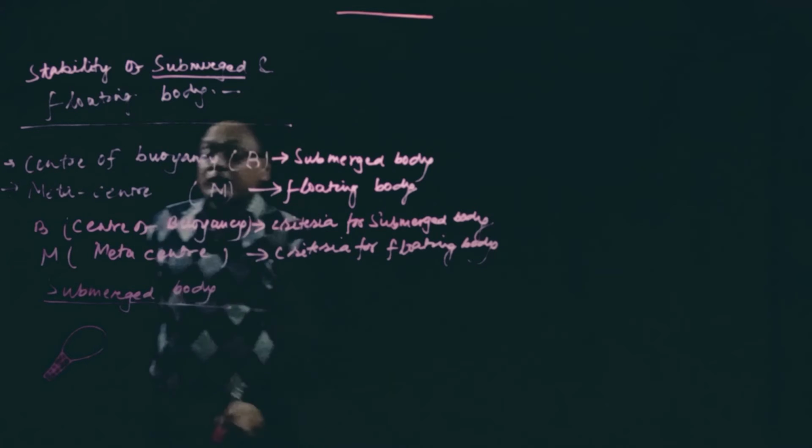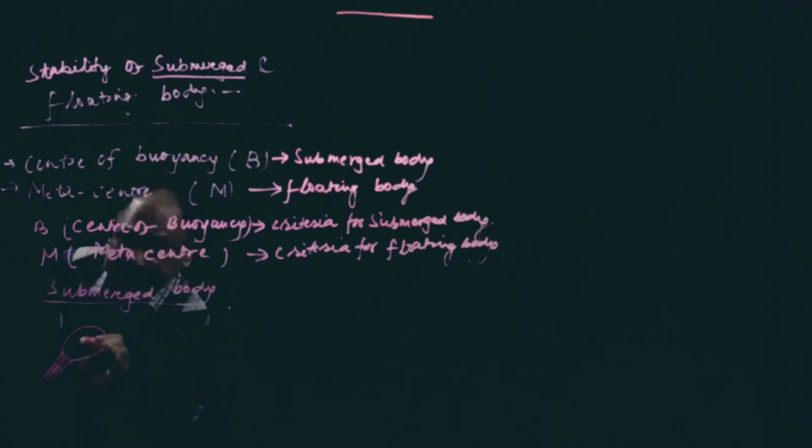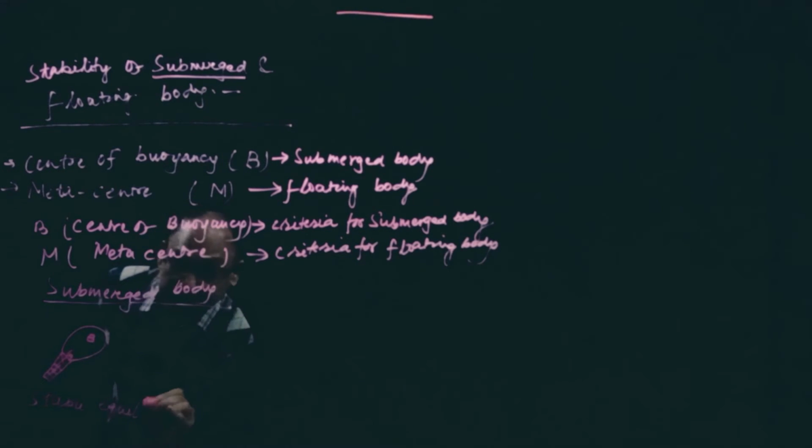Now center of buoyancy: when B is above G, this is called stable equilibrium.